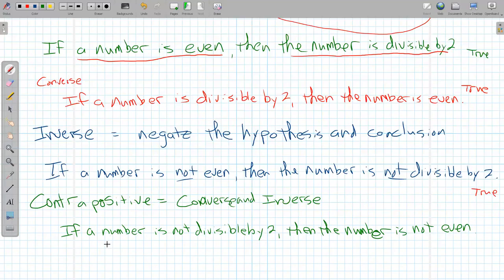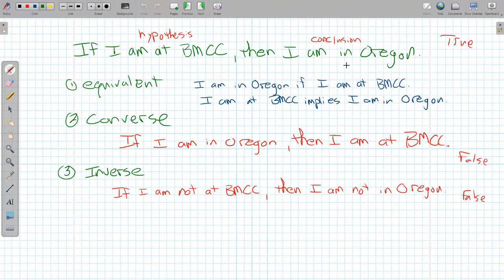Yep. If a number is not divisible by 2, 3, then it is not even. Okay, so a couple of examples. I'm going to make the broad generalization that this is still true. So notice here we have a true, true, true, true. They're all true.